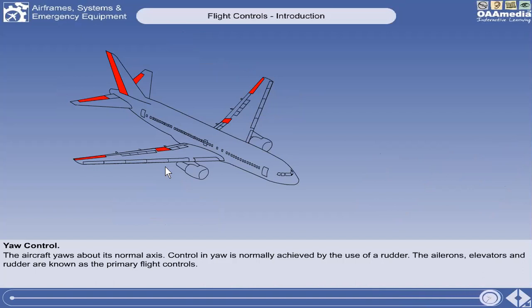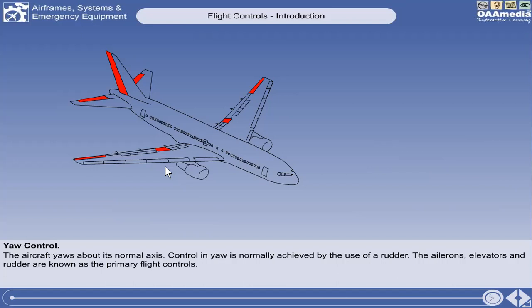When we say primary flight controls, it means every airplane has them. Meaning they are required, because if you do not have an aileron, how will you control rolling? For the elevator, how can you pitch up or pitch down? For the rudder, how can you yaw? So that's considered as primary flight controls. All airplanes have ailerons, elevators, and rudder.